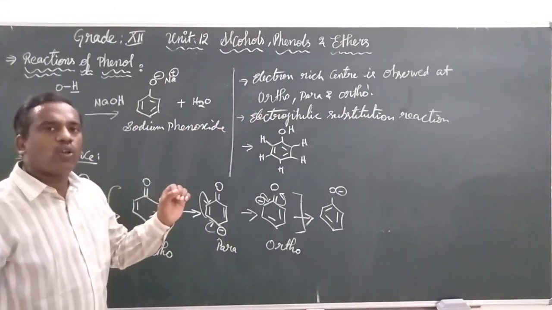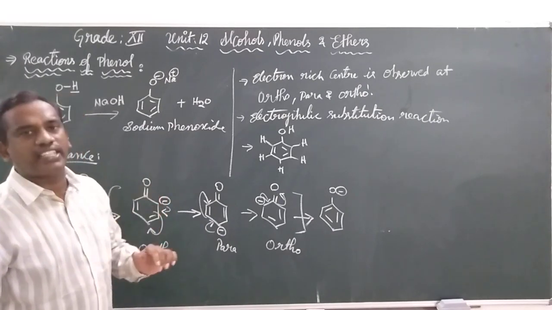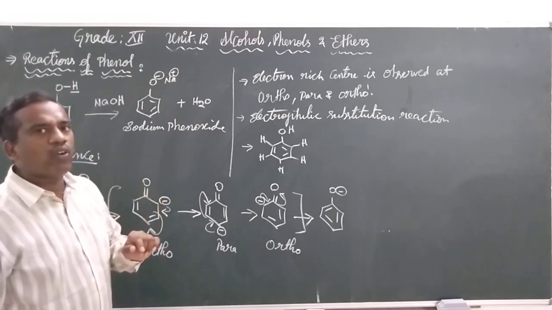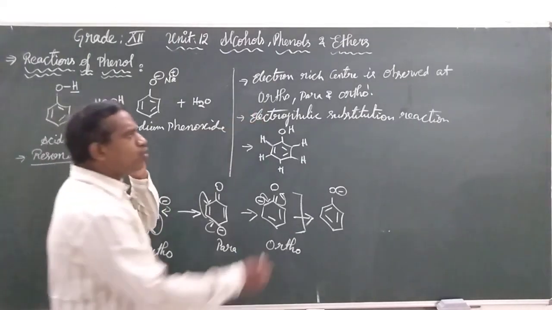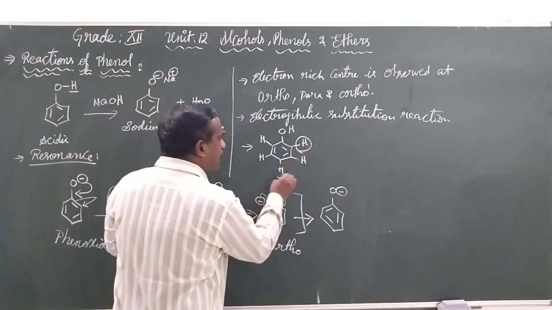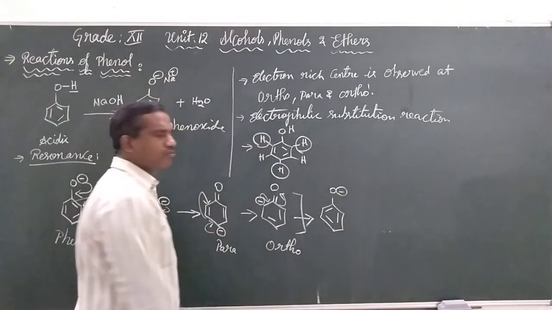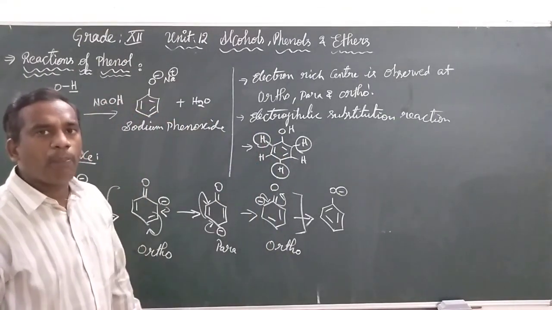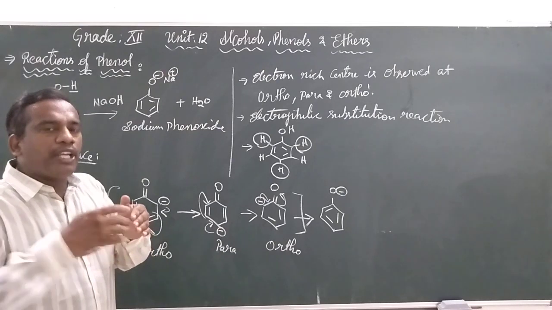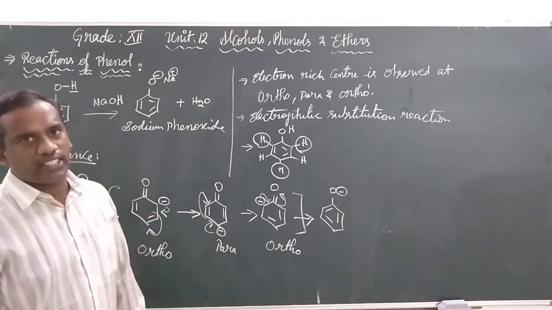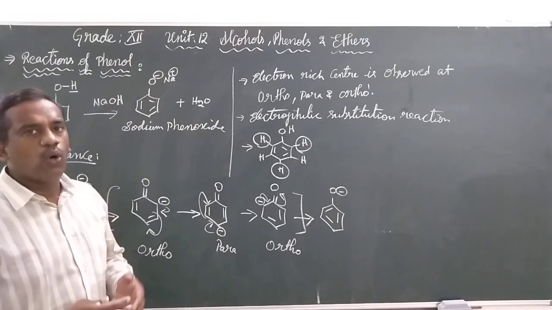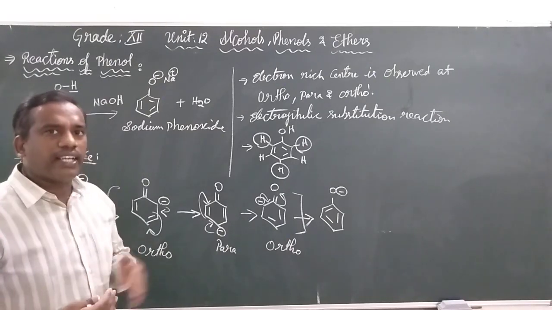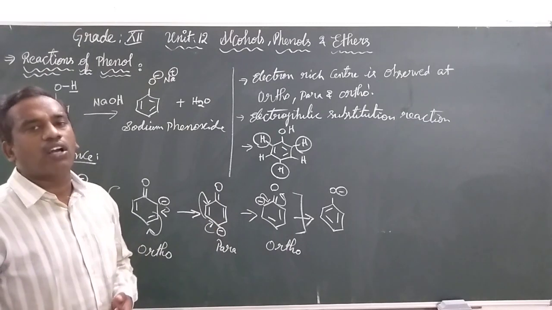It will undergo it where there is an electron-rich center. Where do we find the electron-rich center? We find it at ortho, para and ortho dash. So the hydrogen atoms located at ortho, para and ortho dash will be removed in the form of H plus by the entering electrophile. So the entering electrophile enters by replacing the H plus ion.